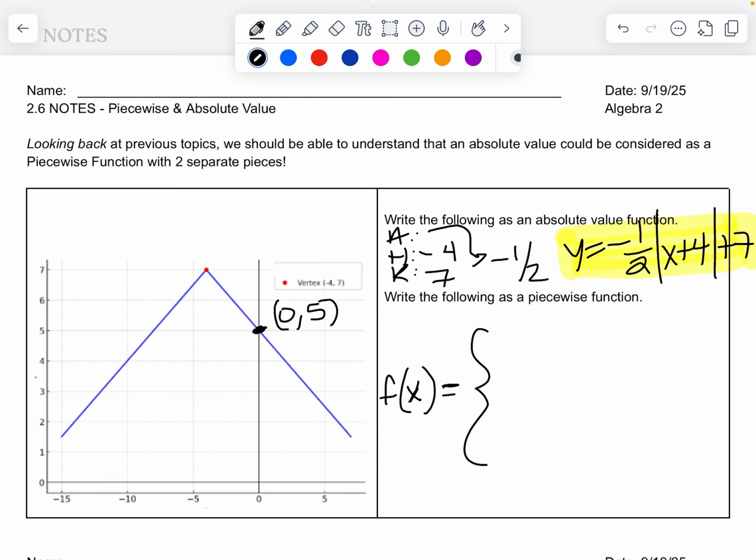And with the understanding here that this graph gets cut off at specific locations, just for argument's sake, let's go ahead and add arrows and suggest that this is going on forever and ever, so we don't have to worry about exact locations there, especially on the right side. For my intervals here, I'm going to say that the first piece goes from -infinity all the way to that vertex location at -4.